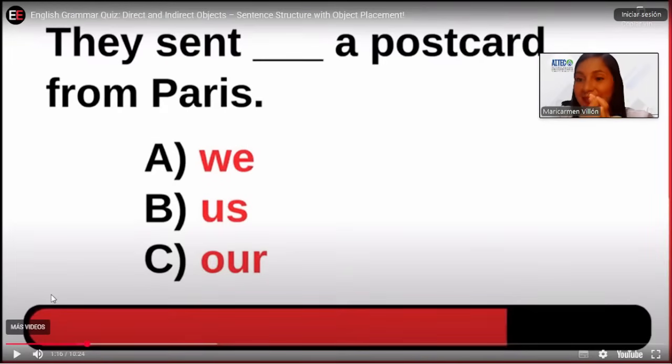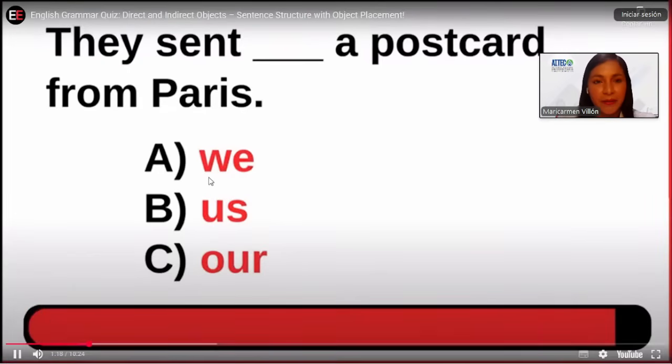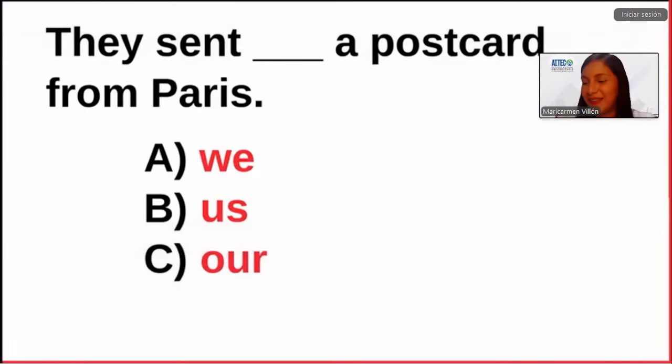Postcard, that's the thing, that's the direct object. We need the indirect object, that means the object pronoun. So they sent. What do you say? Very good. They sent. Excellent. Thank you. Very good.